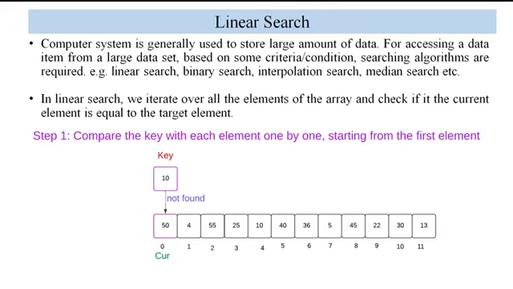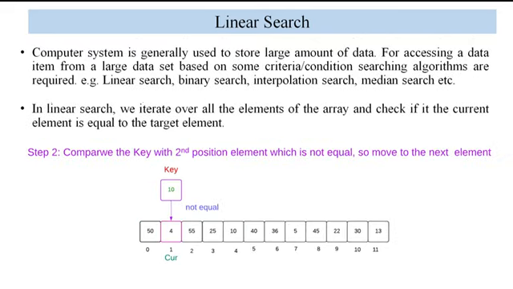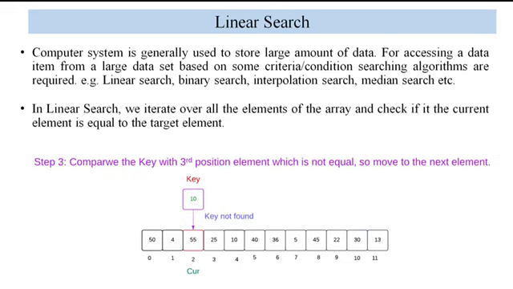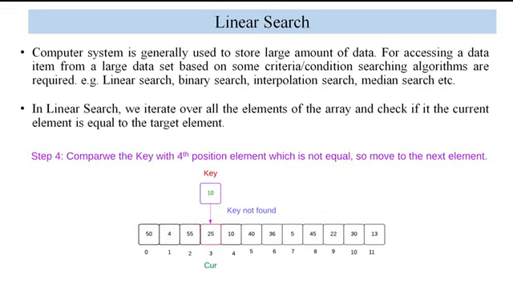It is not matching, so it is not found. Then we move to the next location and again compare it with the key to be searched. Now the key at the current location is 4, which is not matching with the desired element. So we move to the next position, and so on.